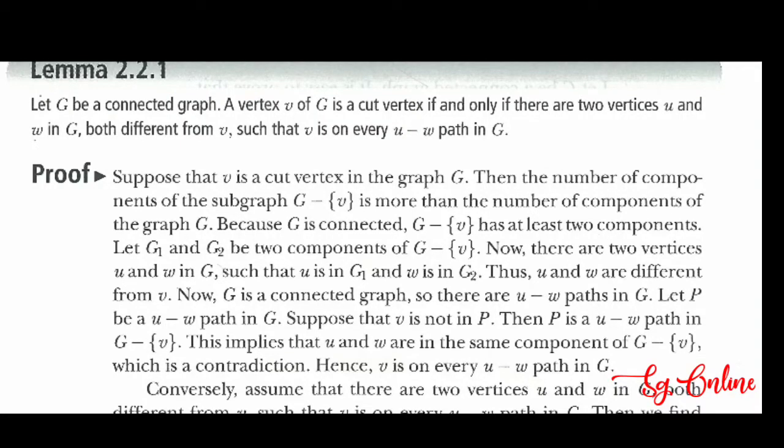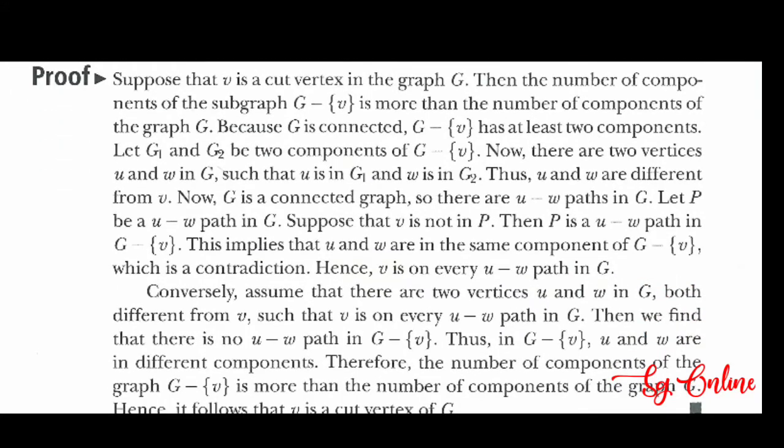That means the graph becomes disconnected, and the number of components was 1 and now it is at least 2. So suppose you consider two components G1 and G2 of the deleted graph G minus V, and you choose the vertex U from G1 and the vertex W from G2. Then obviously U and W are different from V, because they are in different components of the graph from which we have deleted the vertex V.